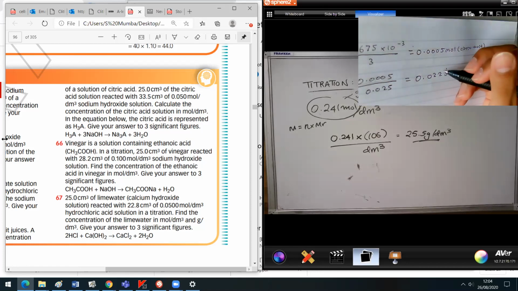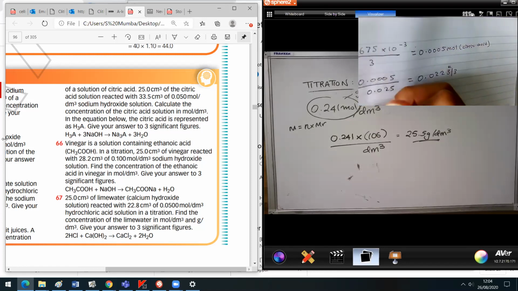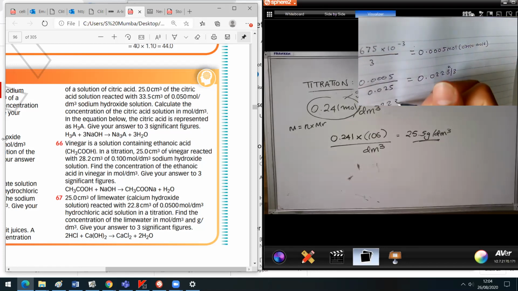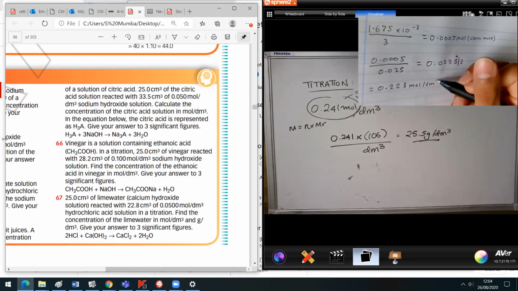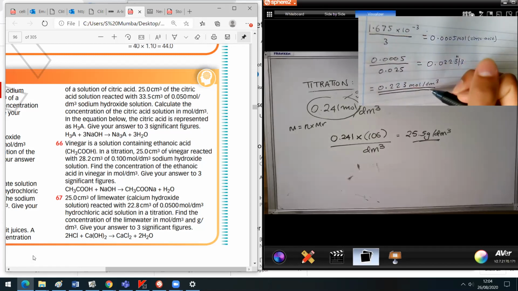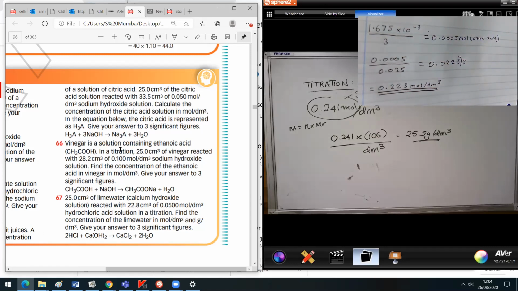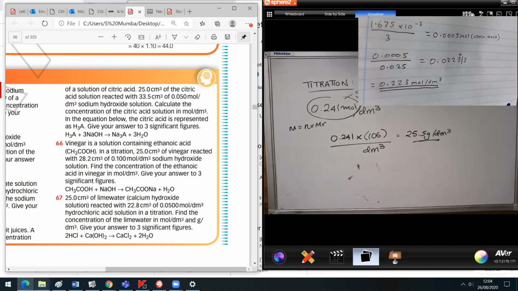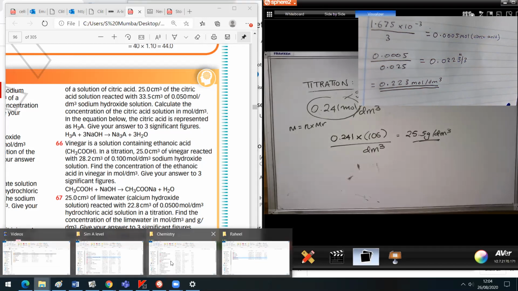So 1, 2, 3, and if you add another 3, it would stay as 0.0223 moles per decimeter cubed. Yeah, well done. Brilliant. So what we're going to do now, Jay, is actually look at actual exam questions, so you can have a feel for what they look like when they appear in your exam.